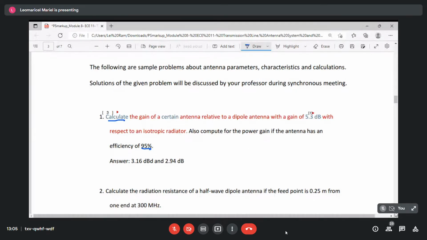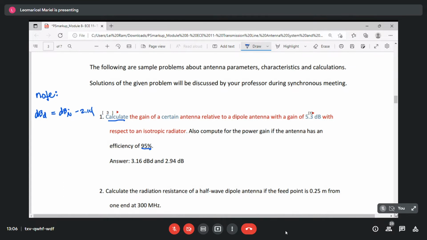So meaning to say, we need to calculate a certain antenna gain given the gain of an antenna relative to isotropic. In order to solve this, we're going to note the particular formula: the gain in dB of a dipole antenna is equal to the gain of a reference isotropic antenna minus 2.14.